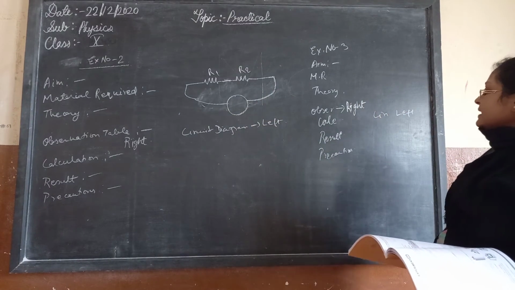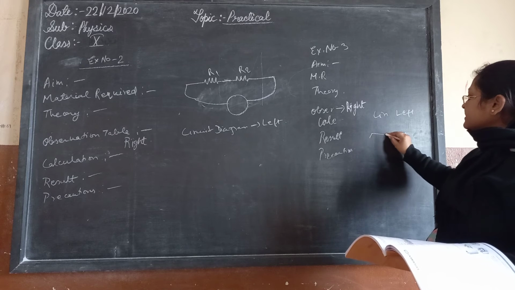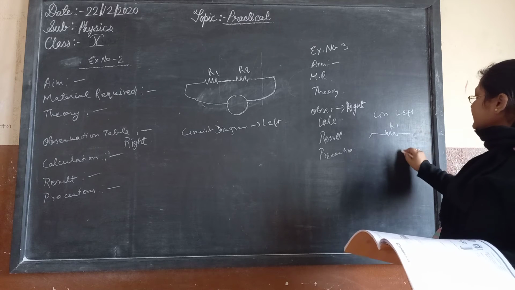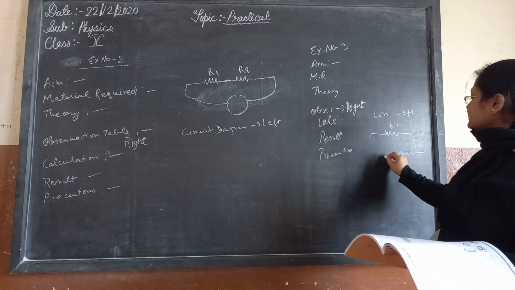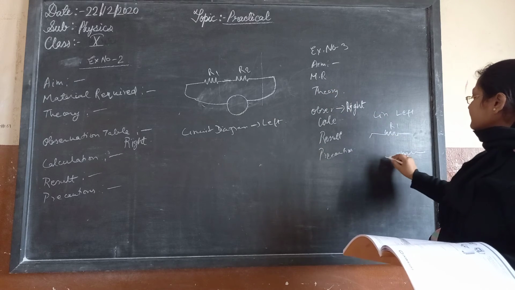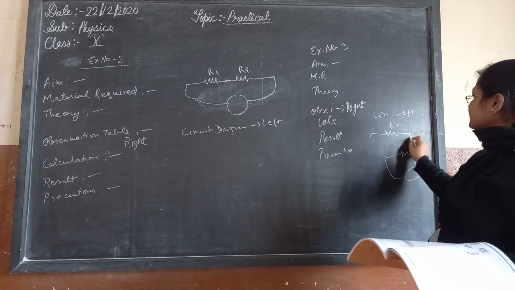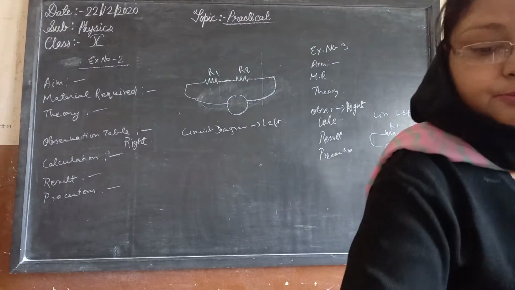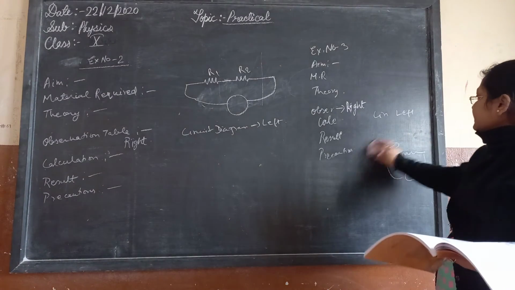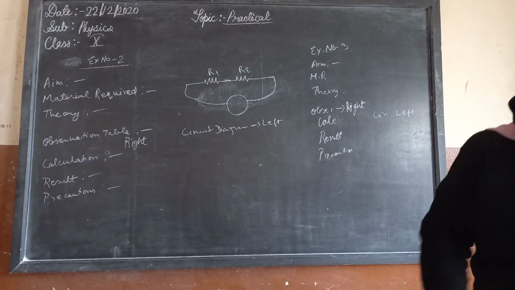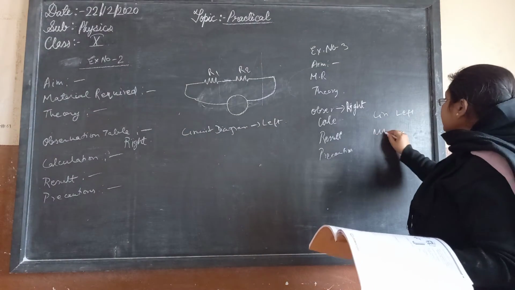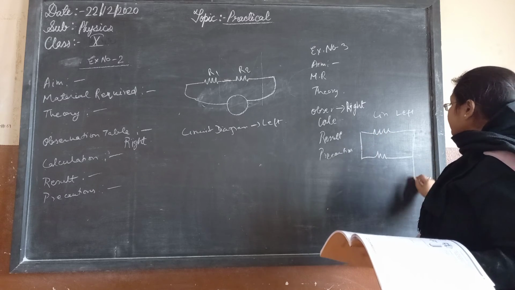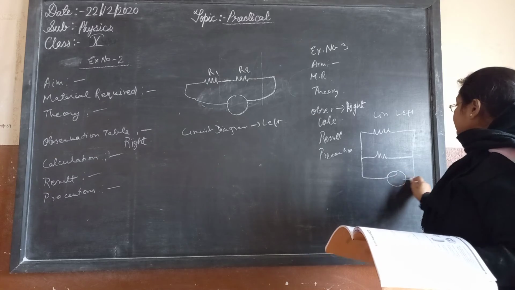But in the case of parallel, what we have to take? In the case of parallel, we take the resistance first as R1, then again as R2. Then take both R1 and R2 in parallel and combine them with the circuit itself.